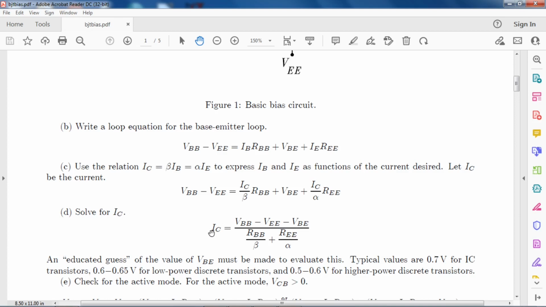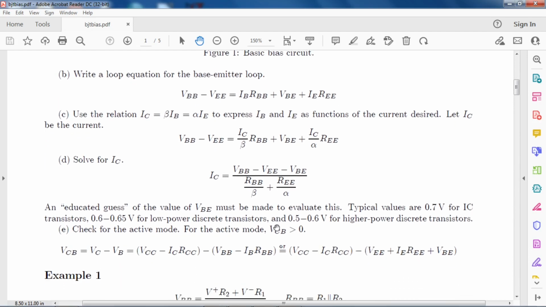So you get this equation: IC equals VBB minus VEE minus VBE, where VBE is 0.6 or 0.7, divided by RBB over beta plus REE over alpha. Alpha equals 1, so it's just plus REE.